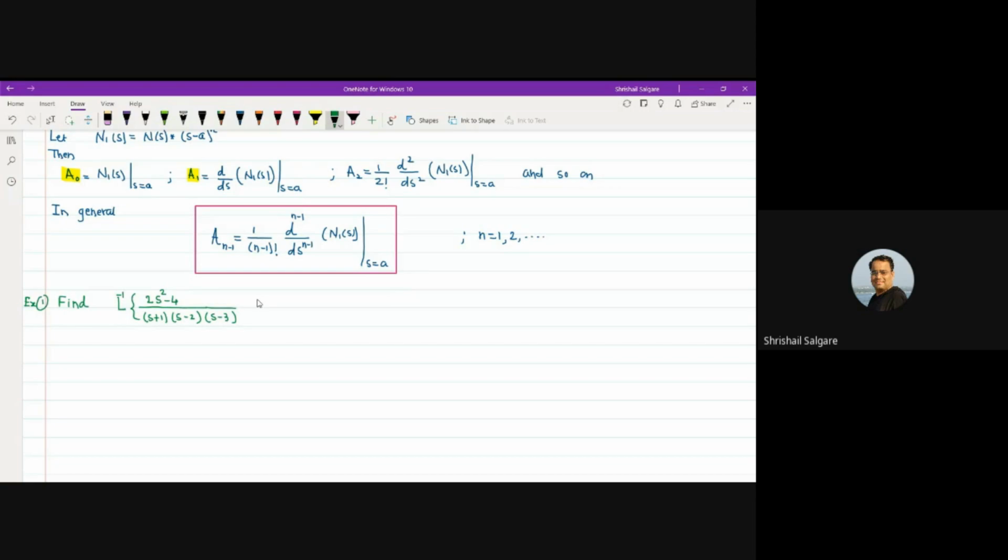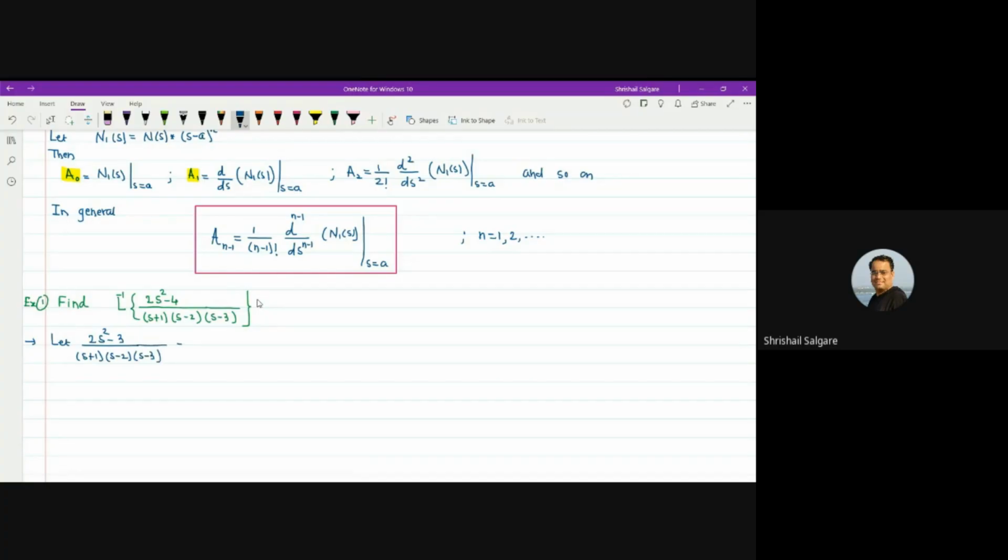Instead of a polynomial, the factors are given. Now I will consider the given term first. So let (2s square minus 3) divided by (s plus 1)(s minus 2)(s minus 3).